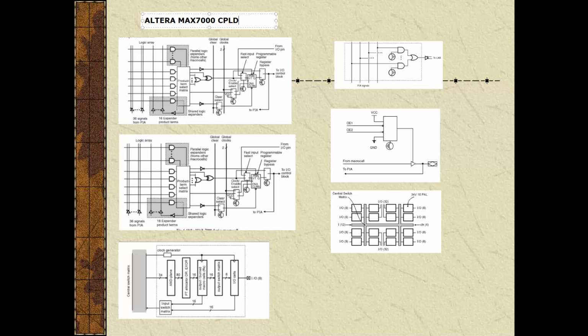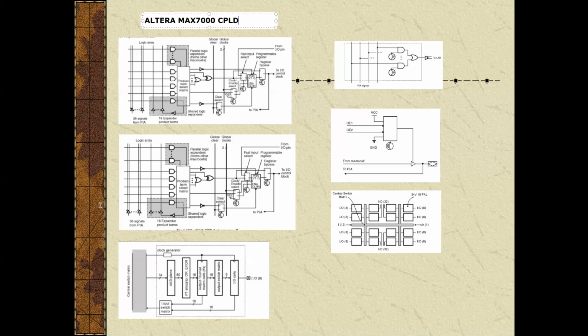Then logic array blocks. The Max 7000 architecture is based on high performance logic array blocks, consisting of 16 macro cells arrays, shown in this figure, and logic array blocks are linked together with the programmable interconnect array.